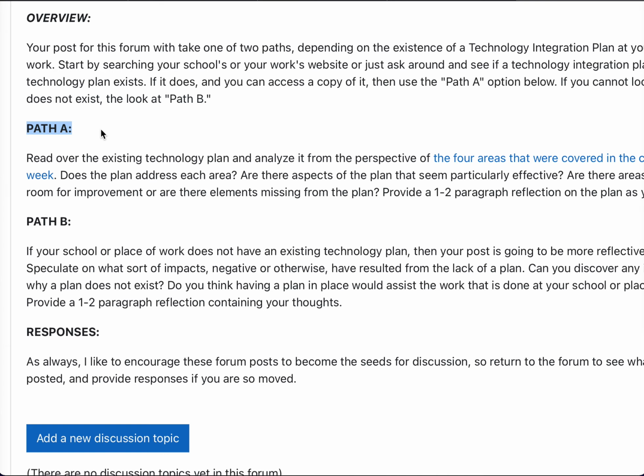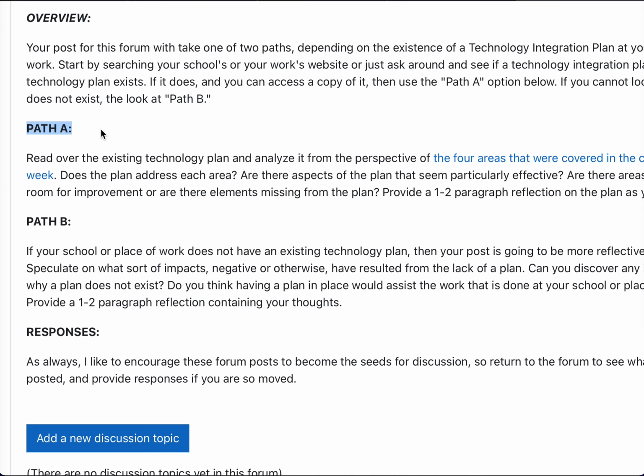This is always interesting when a teacher has no idea whether their school has a technology plan and finds out there is one, but is like, I never even knew we had this thing. Like, okay, that's good to know.